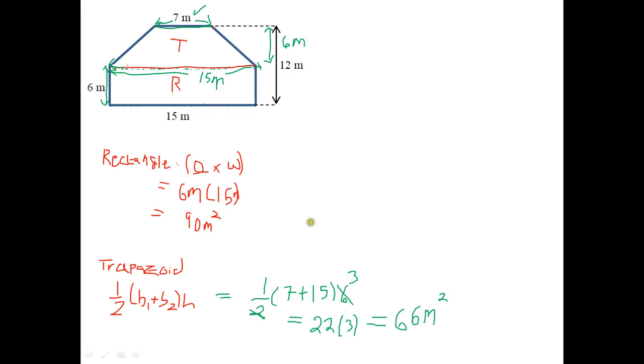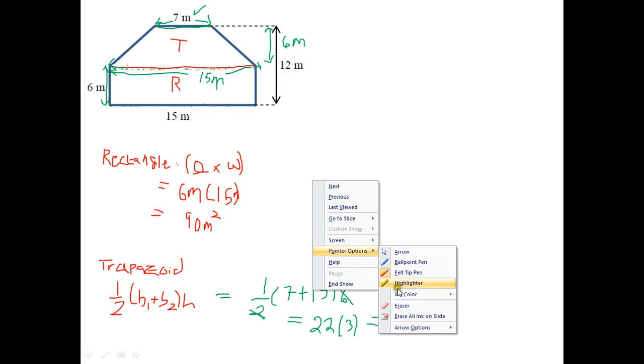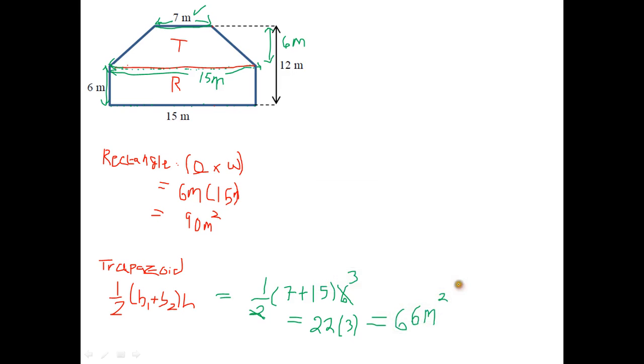Now, we need the area of the whole shape, not the individual parts. So I'm going to change my pointer color to black here. Pretty much what we're going to do is just add them together. So the total area for the whole shape is going to be 90 meters squared plus 66 meters squared.